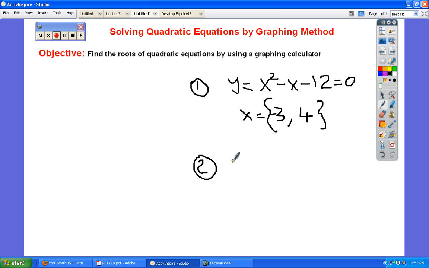So in example 2, let's say we have y equals 3x squared minus 5x minus 21.